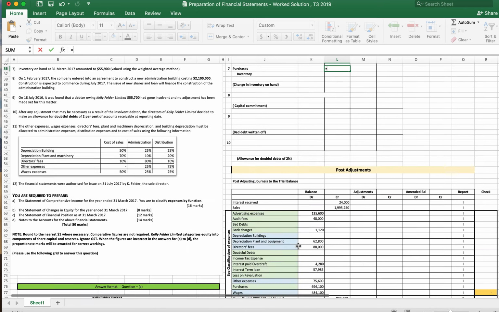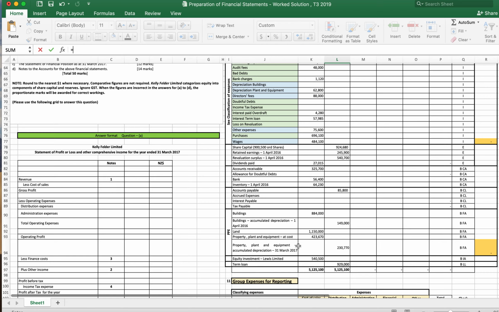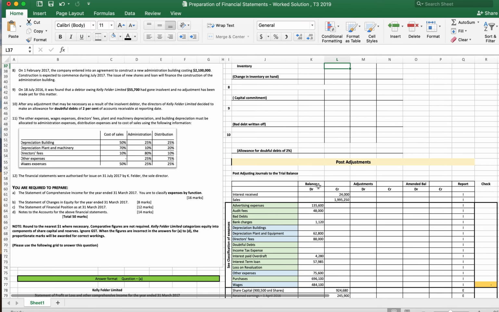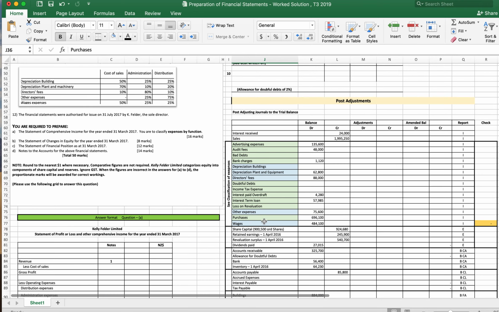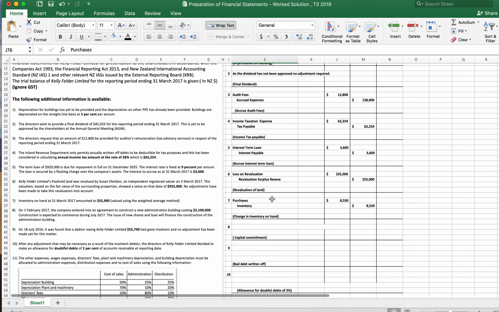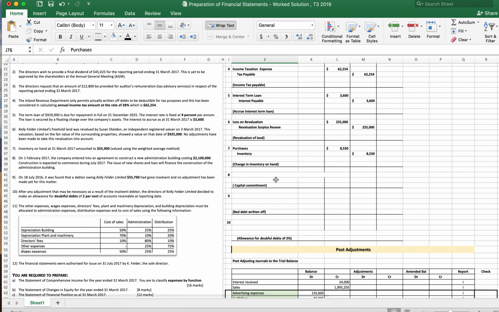So that is what the opening balance is, less the closing balance, which is 5700. Okay, so if we make this journal, it will reduce inventory down to the right level and recognise that amount of purchases has been sold. That account could be cost of goods sold, but I just know there is a purchases account here, there isn't a cost of goods sold one. Okay, so that's the change in inventory.